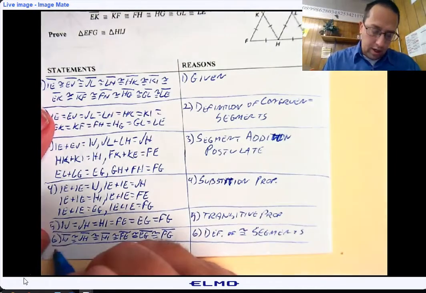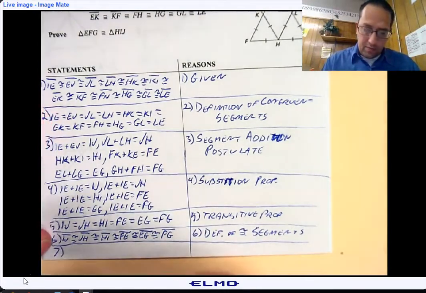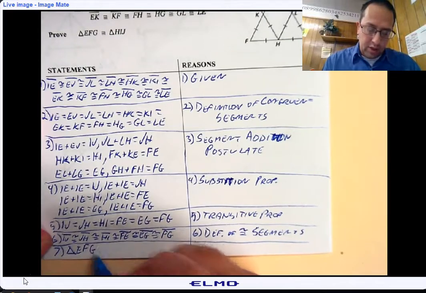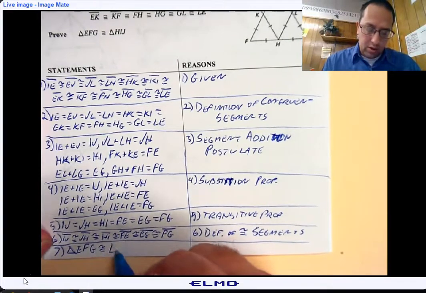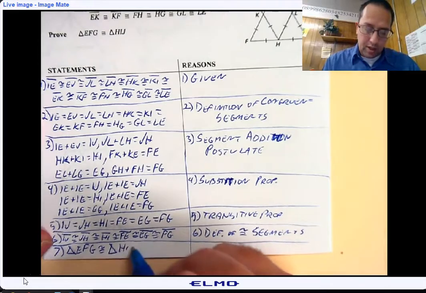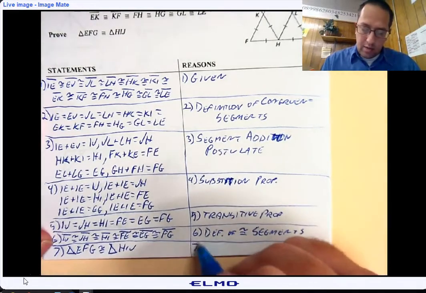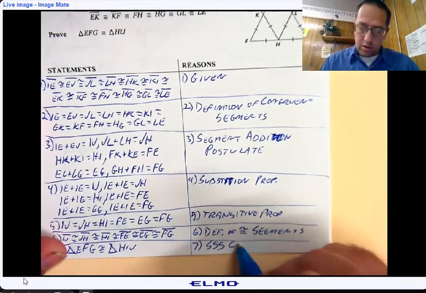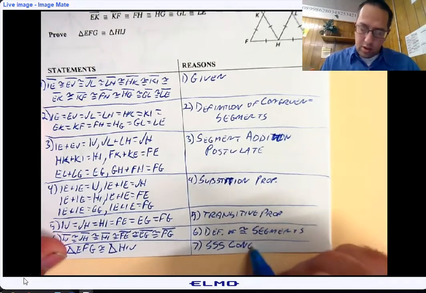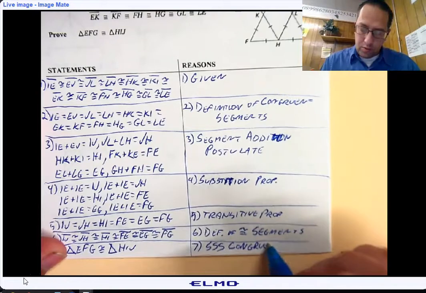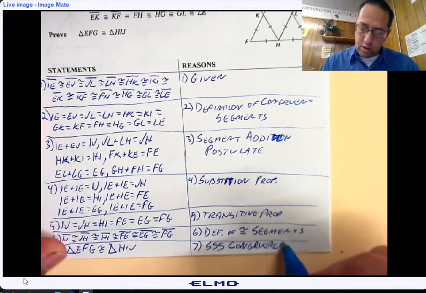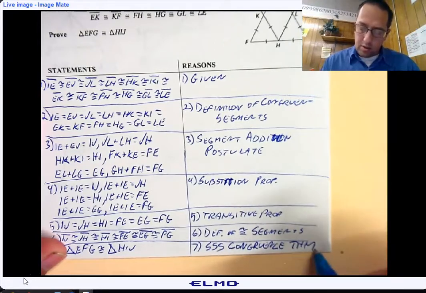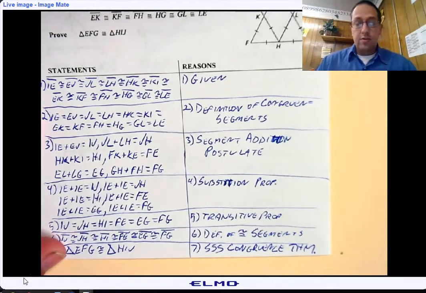Alright, so last step, which I just barely have room for: triangle EFG is congruent to triangle HIJ because of side, side, side congruence theorem, and I'm running out of room again. Alright, so we'll read that. Side, side, side congruence theorem.